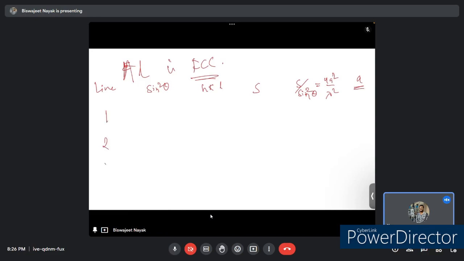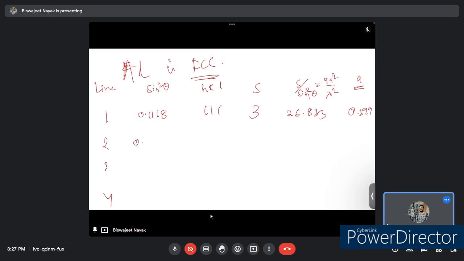For sin square theta 0.1118, as we are considering FCC, we can only have all odds or all evens. So the hkl value can be written as 111, so S will become 3 and S by sin square theta will become 26.833, and from this we can calculate a as 0.399.